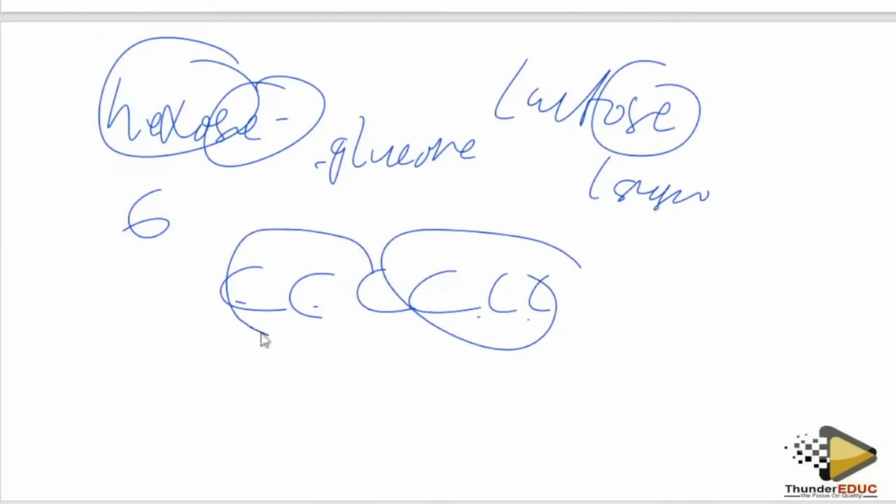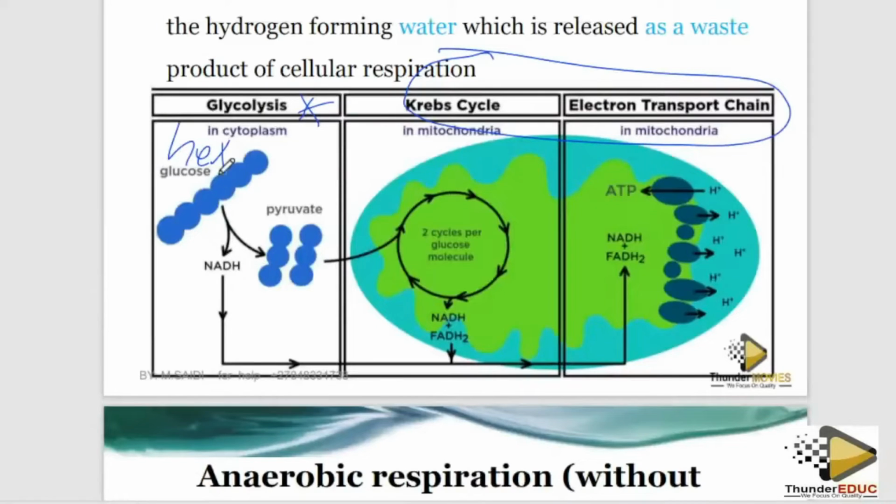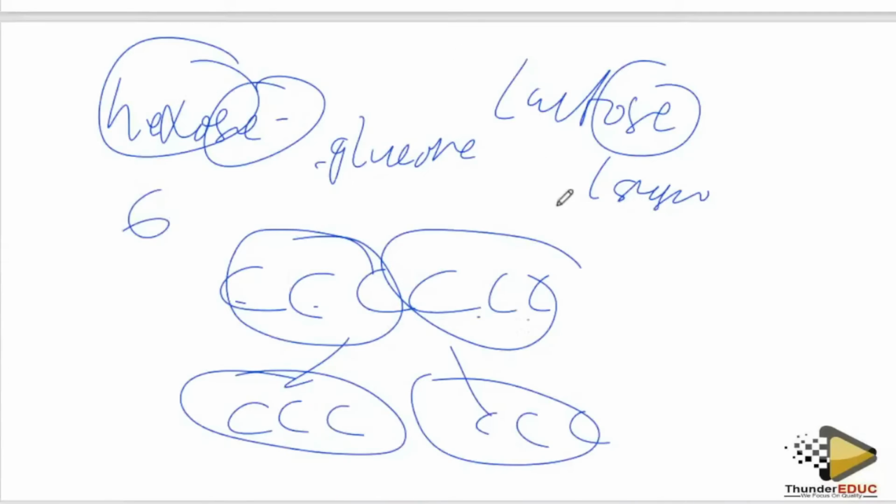During glycolysis, it splits into 2 molecules of 3 carbons each: 1, 2, 3 and 1, 2, 3. These two molecules we call pyruvate or pyruvic acid. During this process, hydrogen is produced, and this hydrogen is captured by NAD.